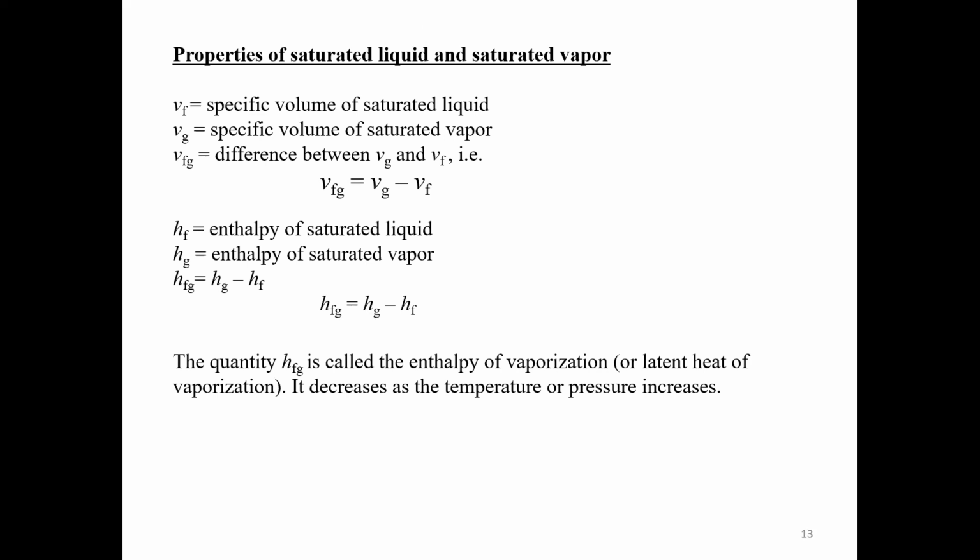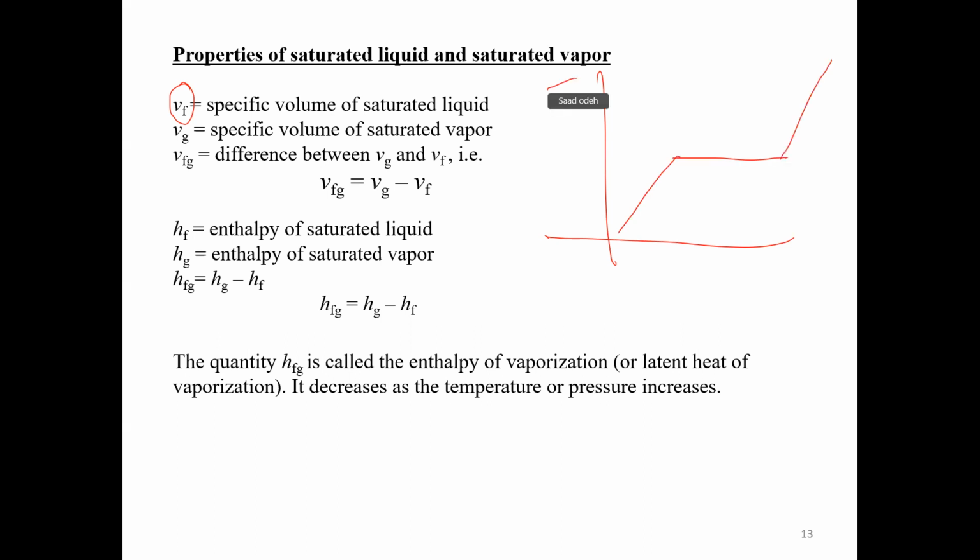It will be given in tables for each pressure. But to understand the property tables, there are a few properties we need to understand. The specific volume has three types. We have specific volume at saturated liquid. You remember the graph.